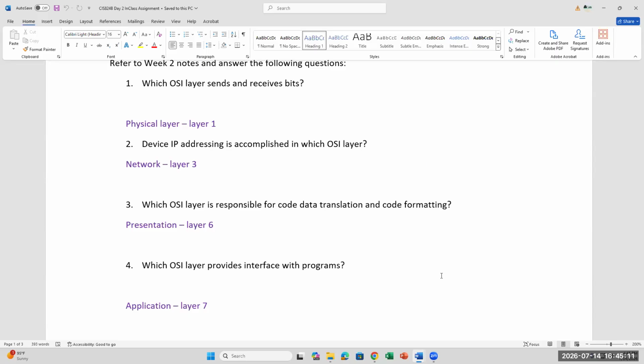And then in question 3, it asks you which OSI layer is responsible for coding, data translation, and code formatting. Most of the formats that we use now are UTF-8. Some applications and systems use ASCII, right? In computer science, they always talk about encoding and how important it is, because when you write an application, you really want to make sure that you encode it for a compatible system.